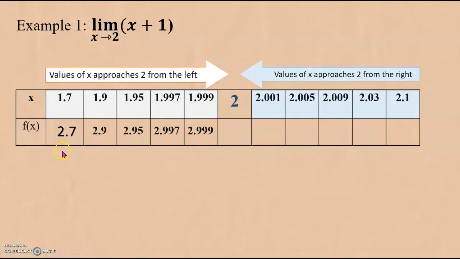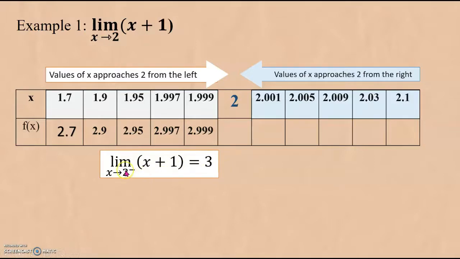Now, looking at the values of f of x, we can see that as the values of x approach 2 from the left, our values of f of x are also approaching 3. Meaning to say, the limit of x plus 1 as x approaches 2 from the left is equal to 3.